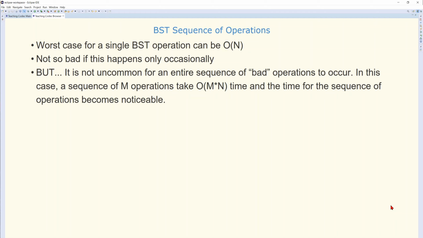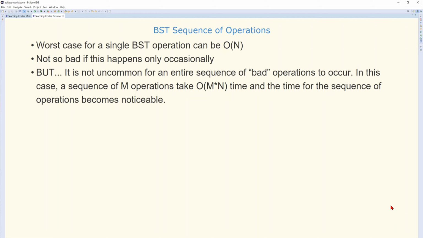However, it is not uncommon that we see this bad performance very frequently, especially in a sequence. Like earlier, your algorithm could be working fine, but then you hit an element which is very close to the very end of the tree. So you have a performance of O(N) for that node.